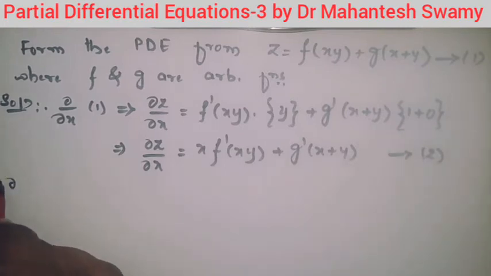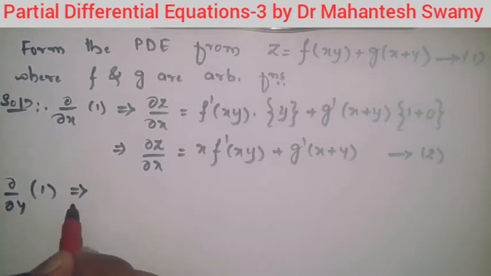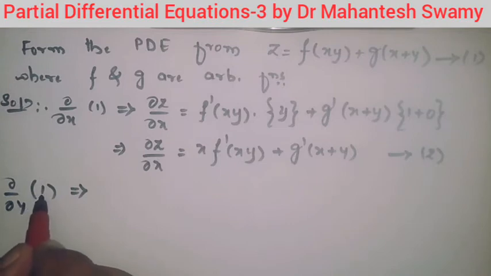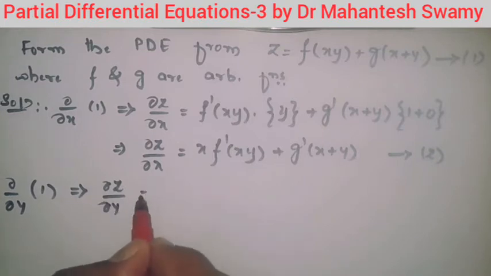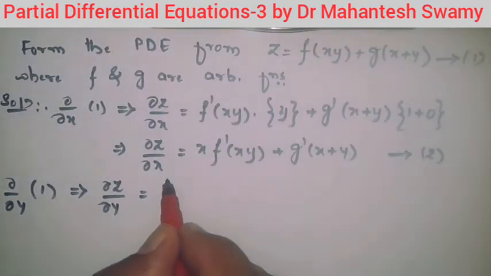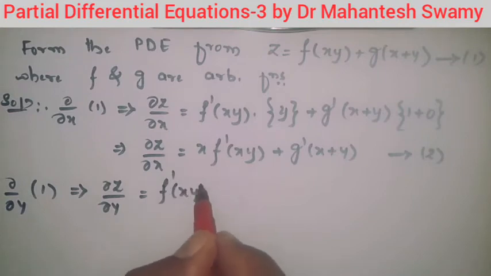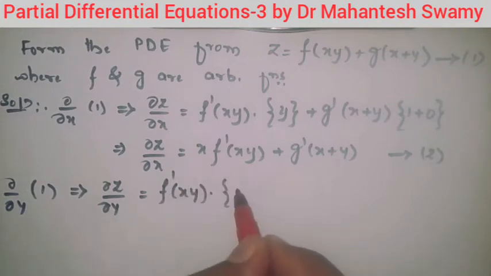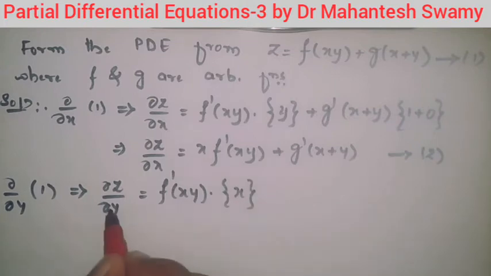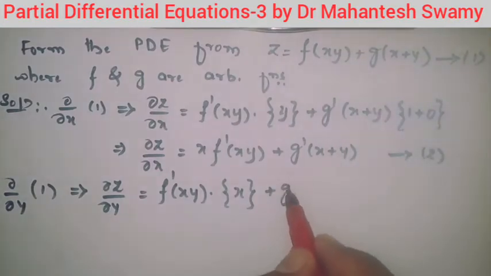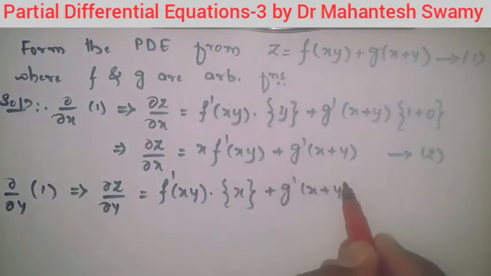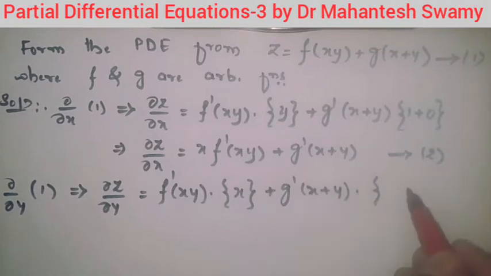Again, consider dou by dou y, that is partial differentiation of equation 1 with respect to y. That implies dou z by dou y on LHS, whereas on RHS, f differentiation is again f dash, argument xy as it is, into the argument differentiation is x into 1 because differentiation is with respect to y, plus differentiation of g is g dash of x plus y, that argument as it is, into the argument differentiation is 0 plus 1 because differentiation is with respect to y.